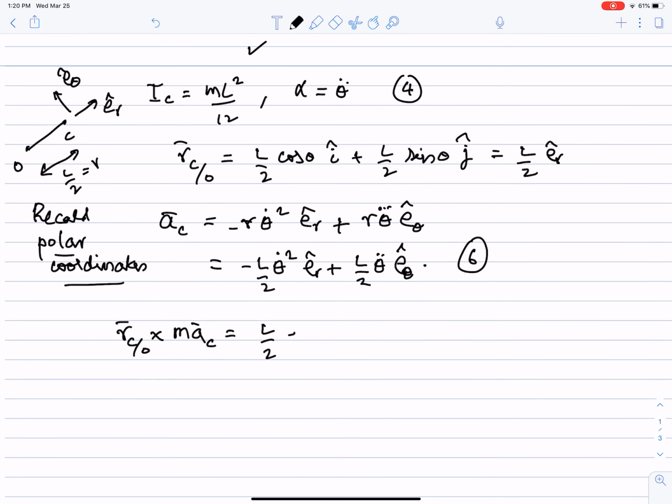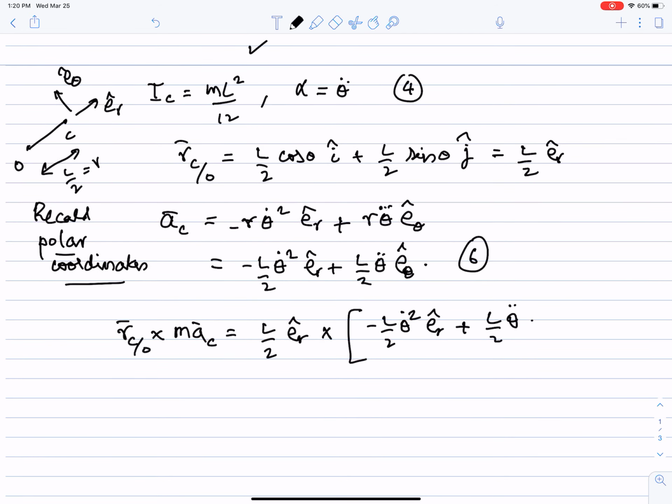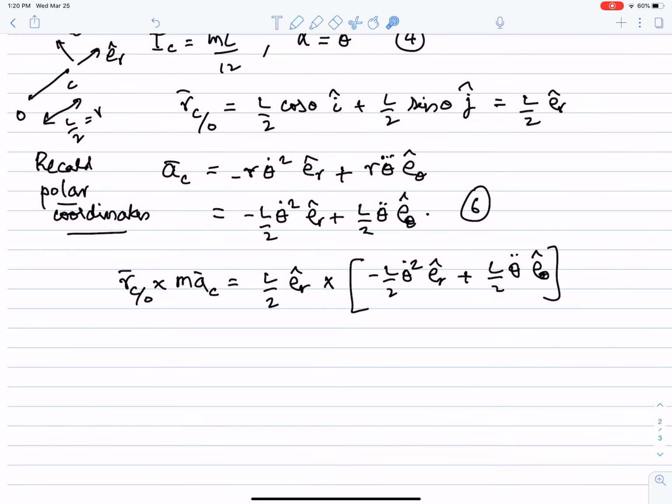Okay, so let's just write that out. L over 2 e_r cross product with minus L over 2 theta dot squared e_r plus L over 2 theta double dot e_theta. And if you take a cross product of e_r with e_r, that is going to be 0.